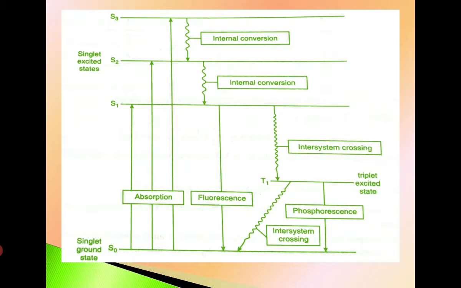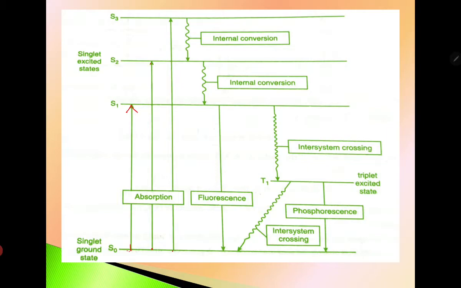Here, see, the electron that is in the ground state can be excited to any of the singlet states, that is it may be excited from the singlet ground state S0 to the S1 excited state, or from S0 to S2, or from S0 to S3, or any other higher singlet states.